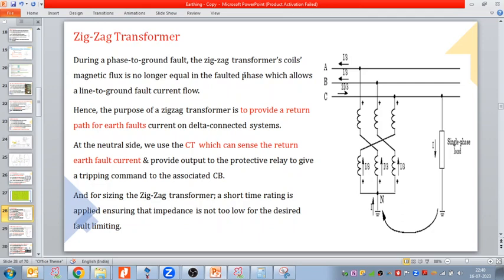Not in each three phase, in the faulty phase only, which allows a line to ground fault current to flow, right? Hence the purpose of a zigzag transformer is to provide a return path for the earth fault current in the delta connected system.